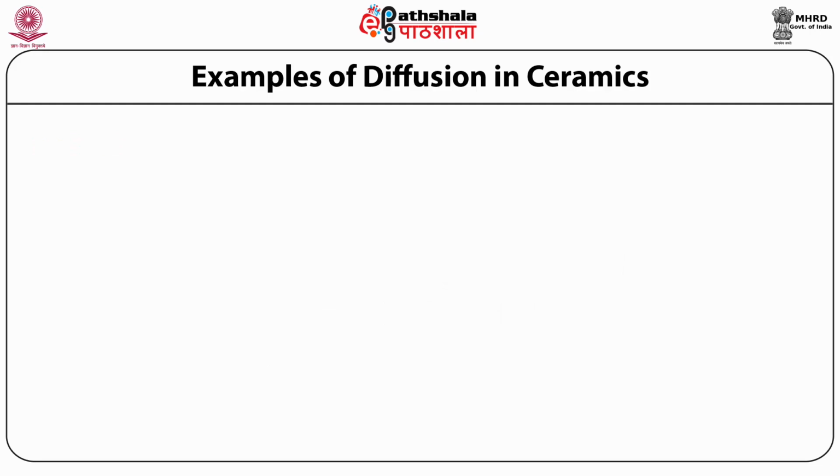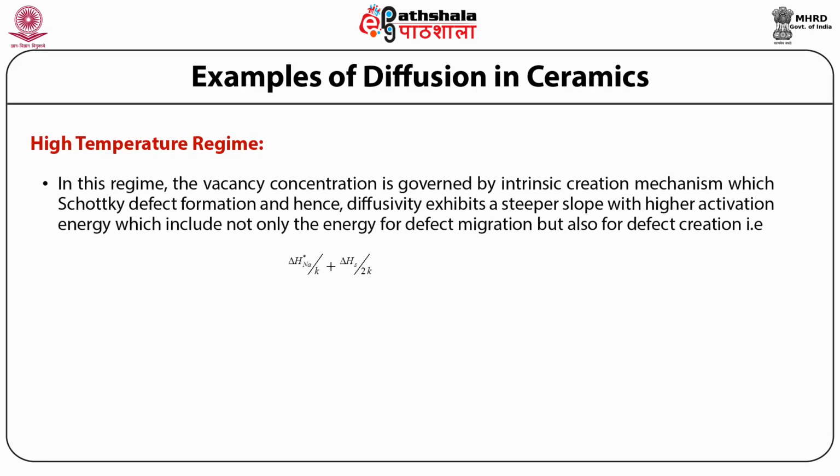However, if we look around the high temperature regime, in this regime, the vacancy concentration is governed by intrinsic variation mechanism with Schottky defect formation, and hence the diffusivity exhibits a steeper slope with higher activation energy, which includes not only the energy for perfect migration but also for defect creation.